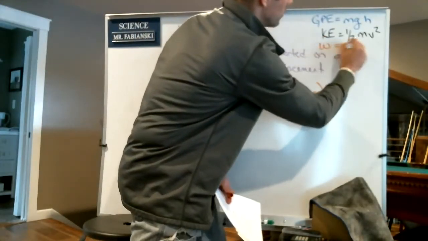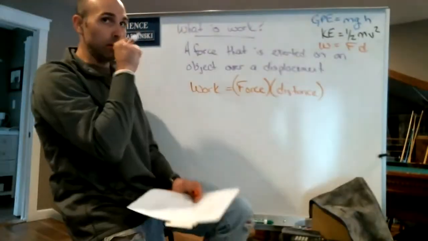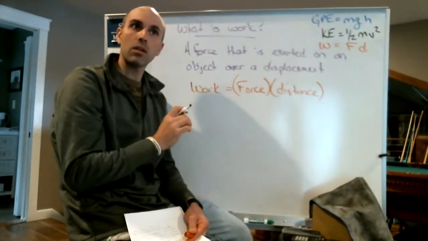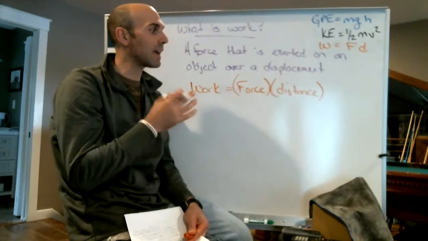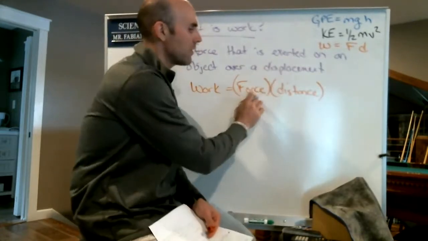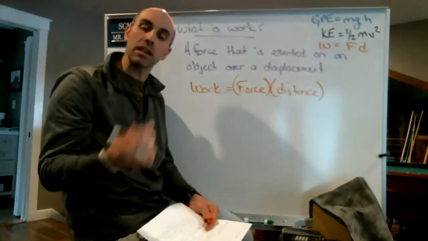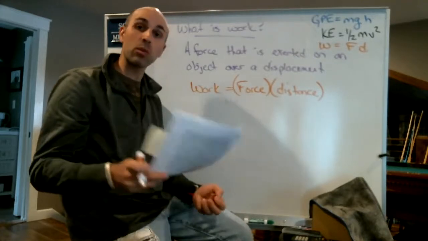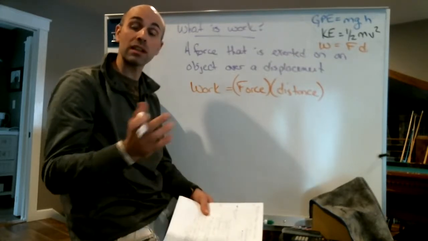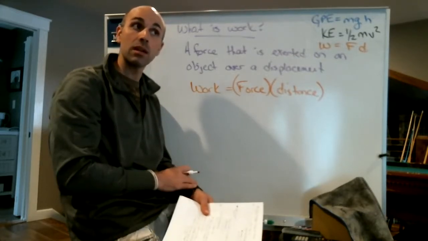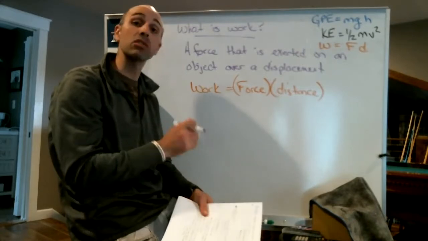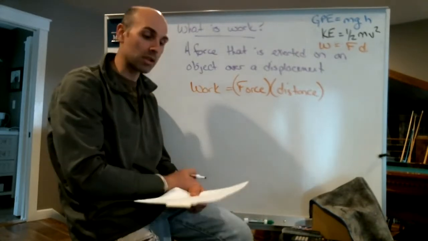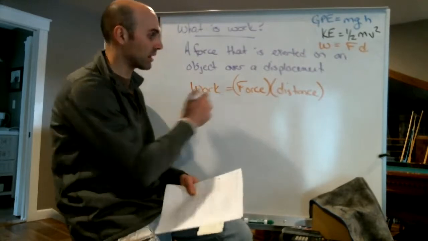Work equals FD. Now I know you've seen that before. In fact, we've looked at that kind of force and distance when we talked about energy in the previous video. Okay, so I want you to remember that. That was actually one of our energy equations for kinetic energy and potential energy. So work is actually related to energy. Okay, so we're going to get into that in just a second.